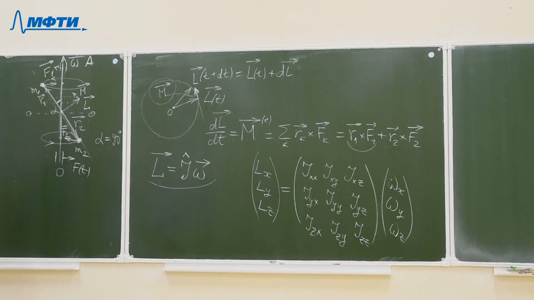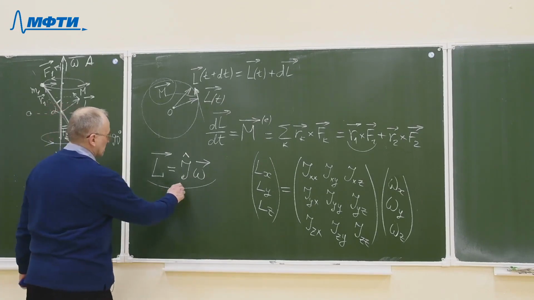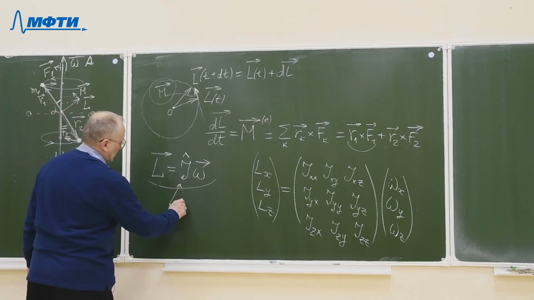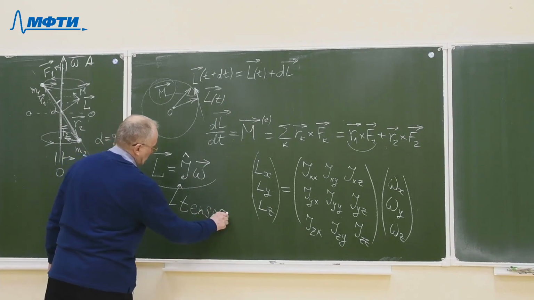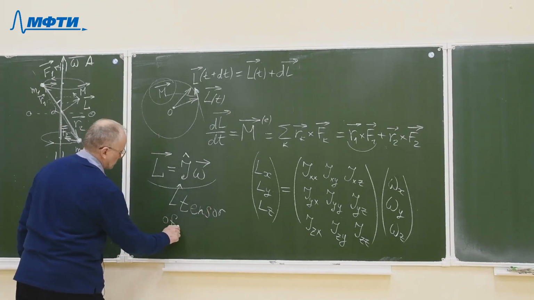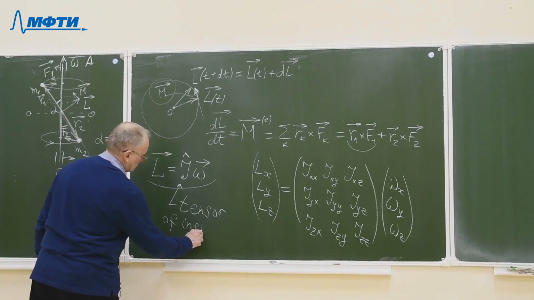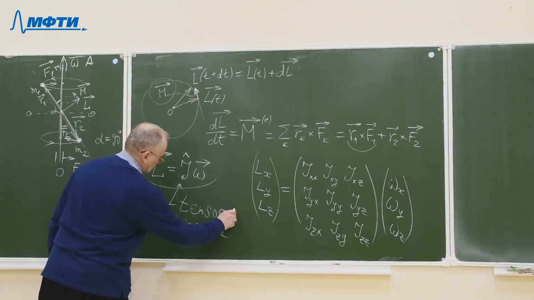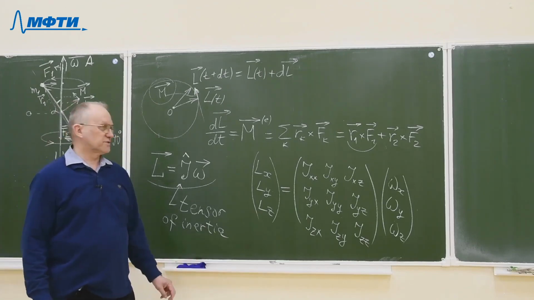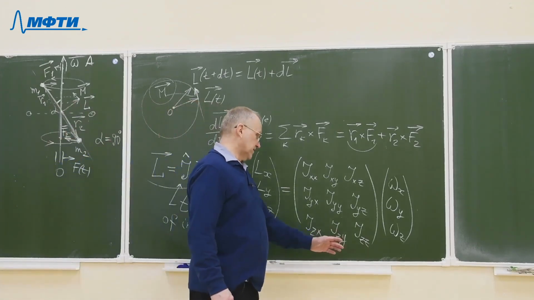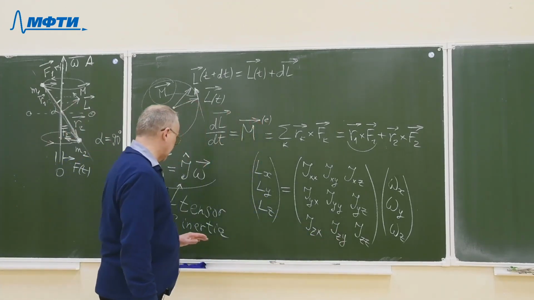Now, this matrix is called tensor of inertia. And there is significant difference between simple matrix and a tensor.